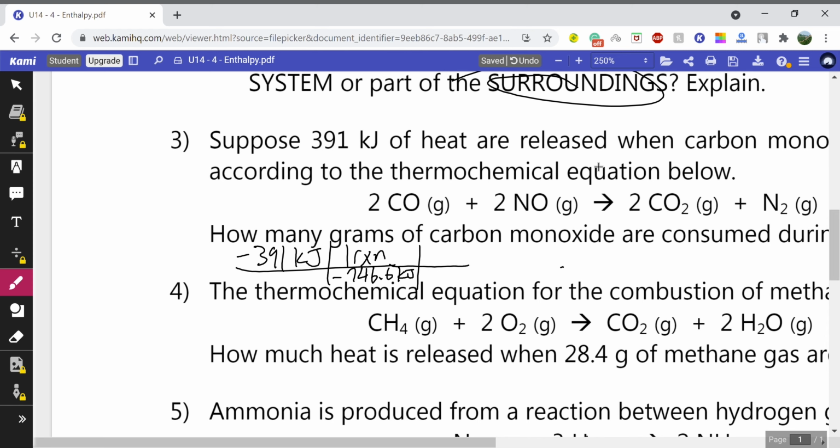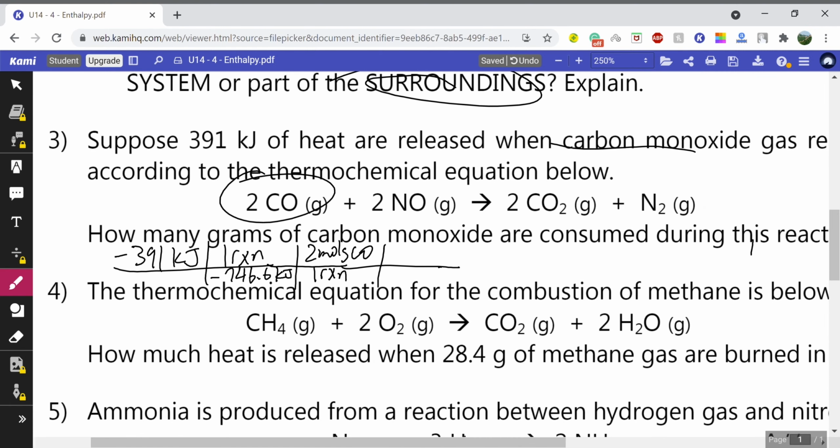kJ. Now after that, for every one reaction, how many moles of carbon monoxide are there? 2 moles of carbon monoxide. And finally, for every 1 mole of carbon monoxide, how many grams? How many grams is carbon plus oxygen?